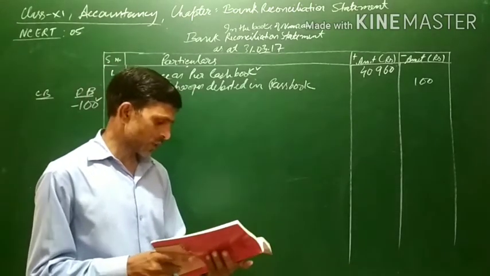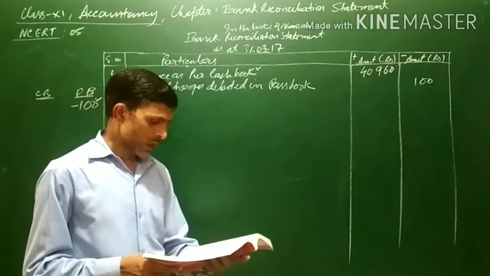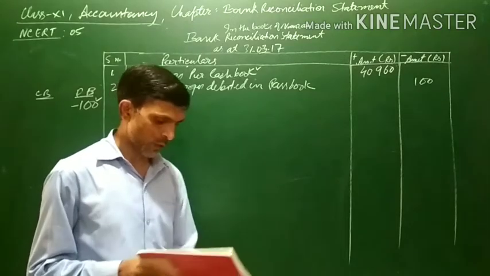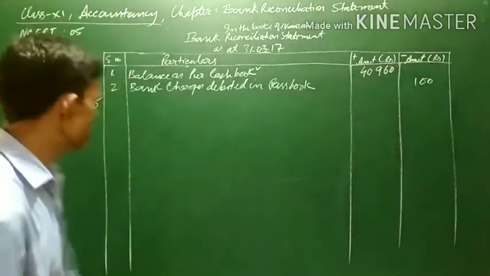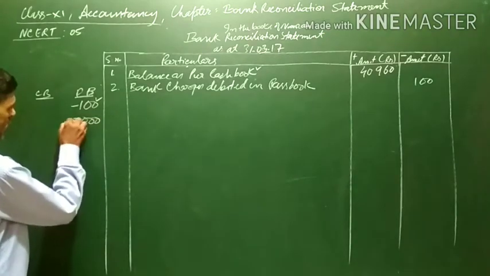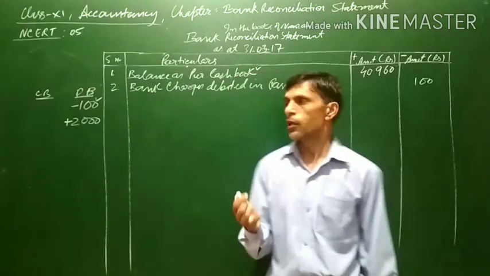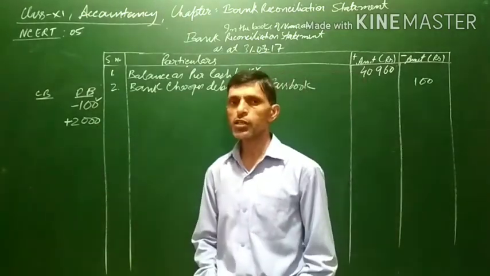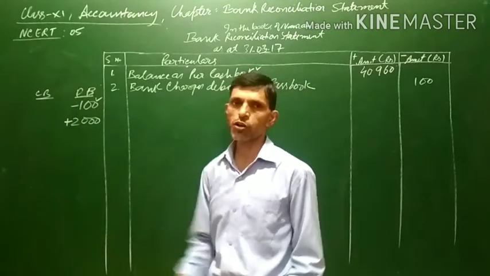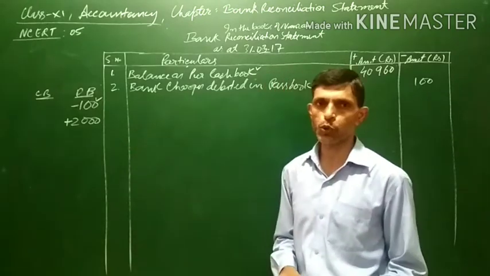Next, on 21st March 2017, a debtor paid 2000 in the company's bank in settlement of his account, but no entry was made in the cash book in respect of this. One of the debtors pays 2000 directly in the bank. If someone pays directly in the bank, then there will be an addition of 2000. It means one of our customers has deposited 2000 in our bank account. It was not recorded in the cash book, but in the passbook there will be an excess balance of 2000 showing.